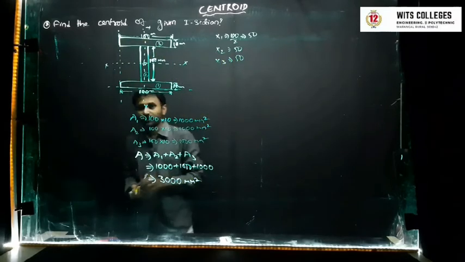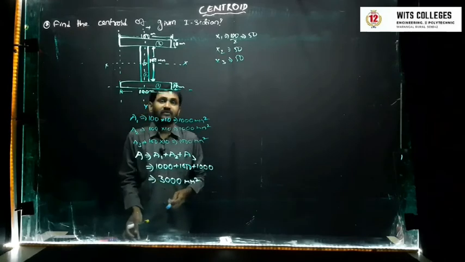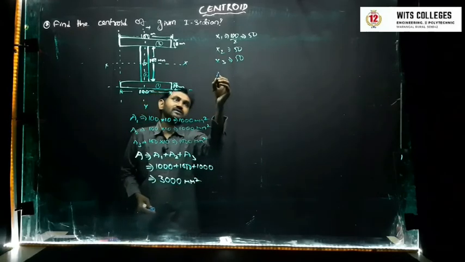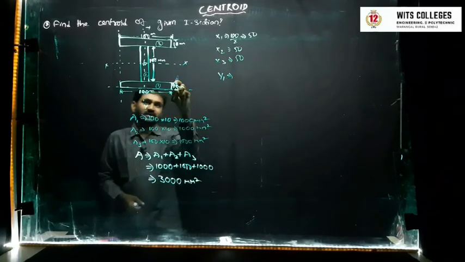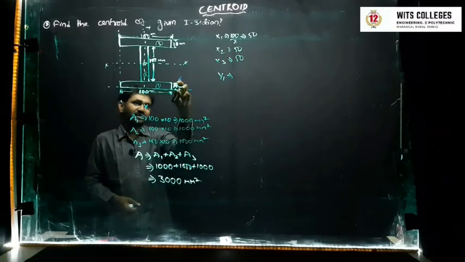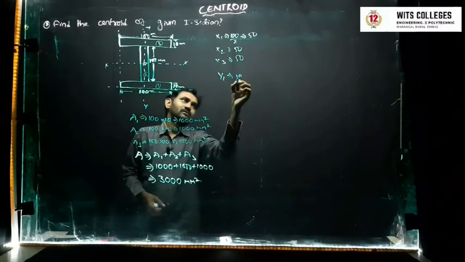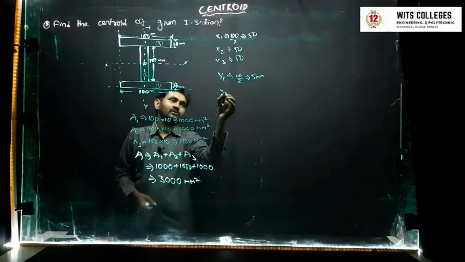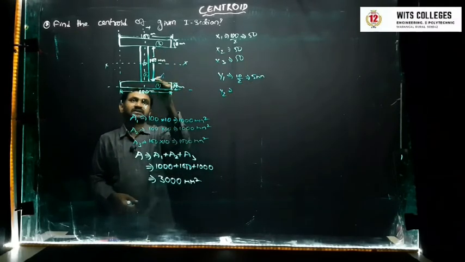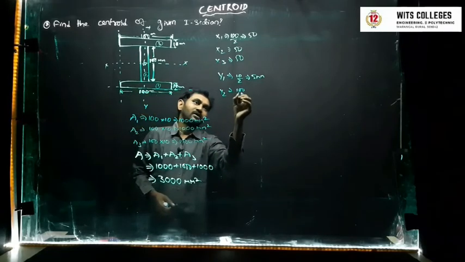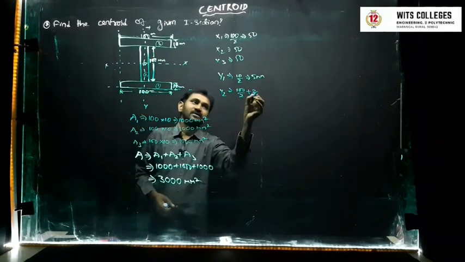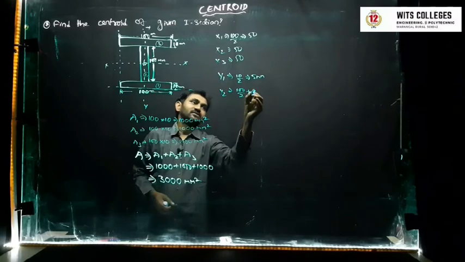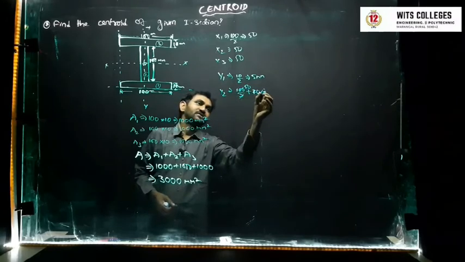Similarly, you have to find out y1, y2 and y3. Let me find out y1 of this section. Y1 is equal to, this is my depth of the first figure, which is 10, so 10 by 2, which is equal to 5 mm. And y2 is equal to 100 by 2, that is 50, plus 10, so 50 plus 10 means it is 60.